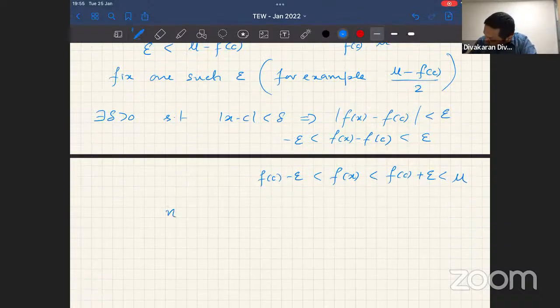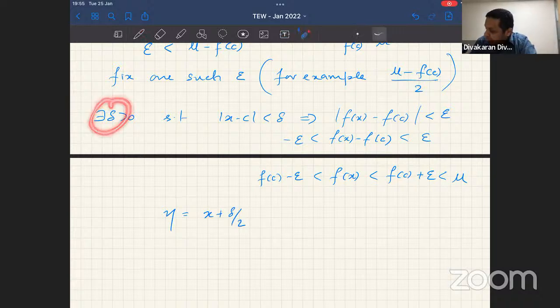I'm going to now define d, okay, because that was very important. We have fixed this delta. Notice that there is this delta. I'm using that delta to define d. I had called it d earlier.